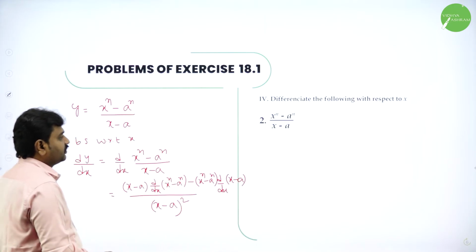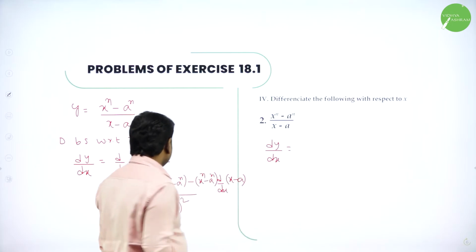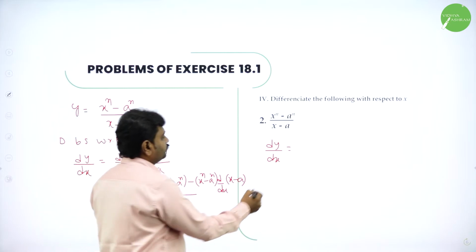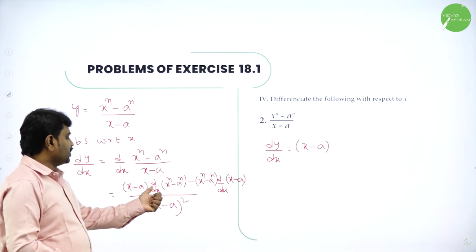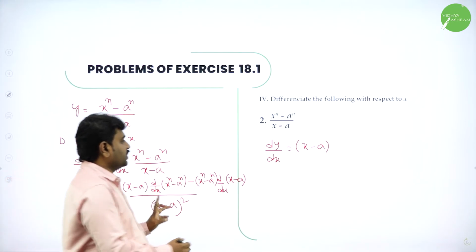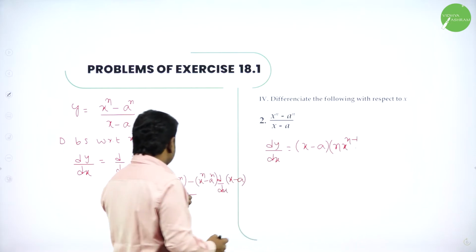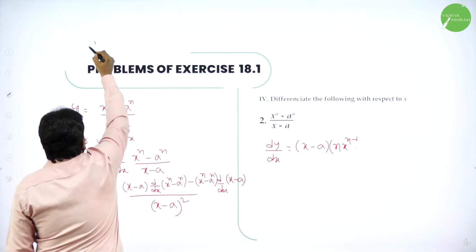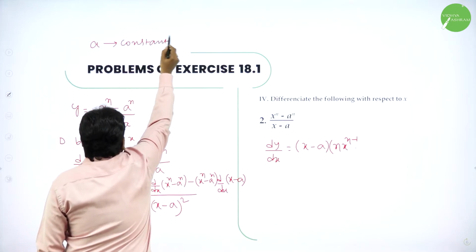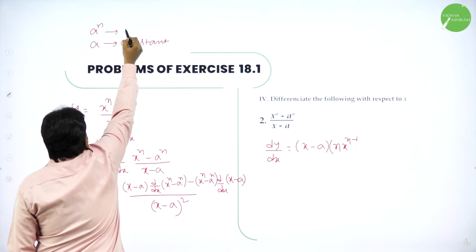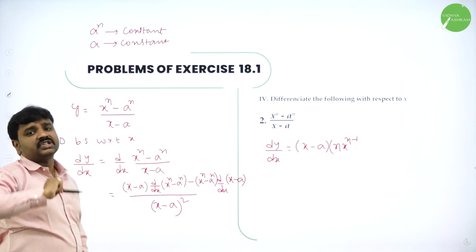Further simplify this, that will give you dy by dx is equal to x minus a into x minus a, that is denominator into, what is d by dx of x power n? D by dx of x power n is what? N into x power n minus 1 minus, please observe, a is constant. What is a? Constant. And a power n is also constant. So if you have constant, all of you know derivative of constant is what? 0.